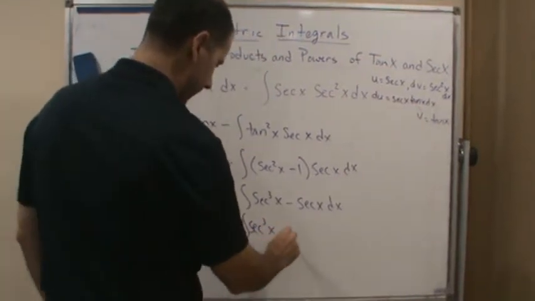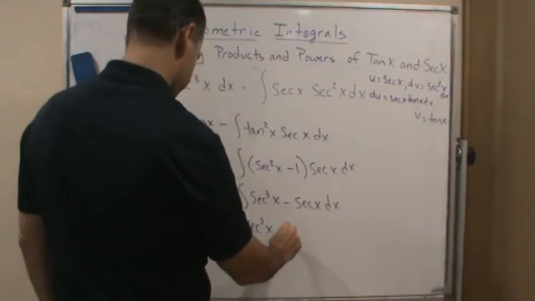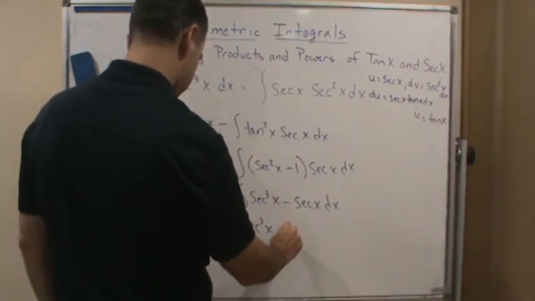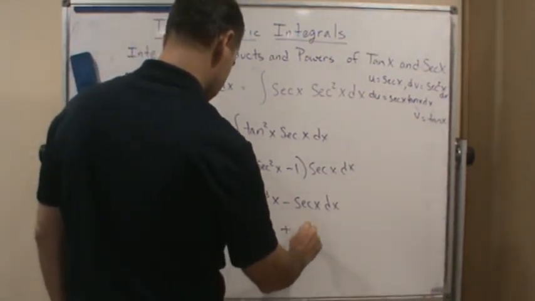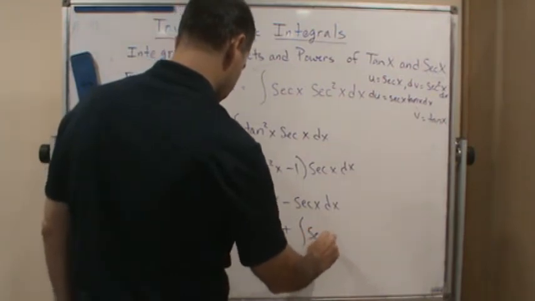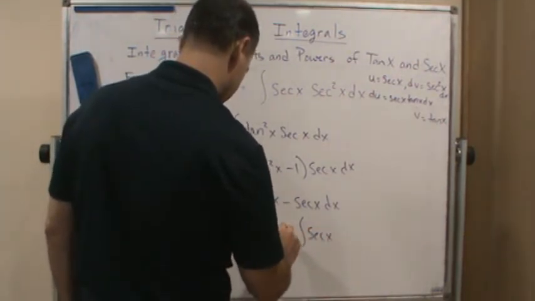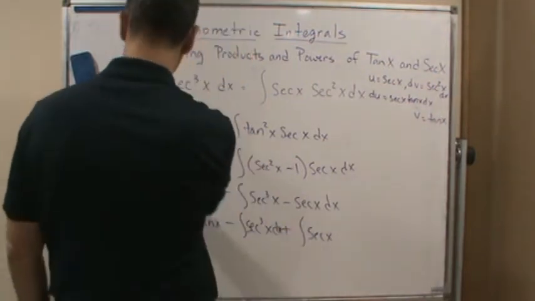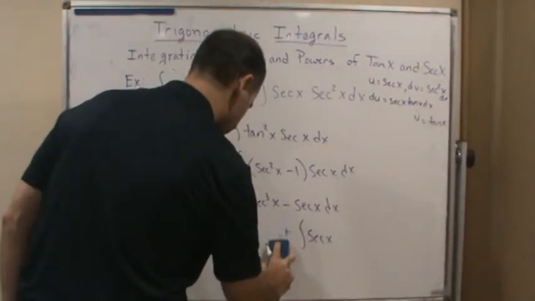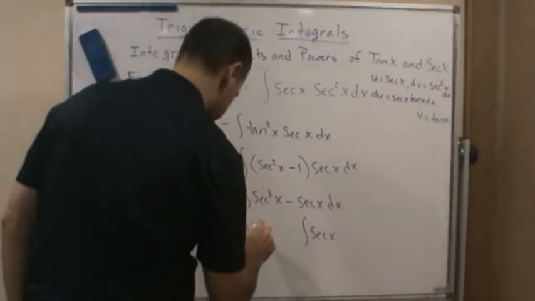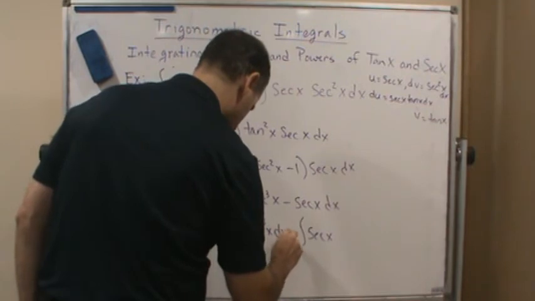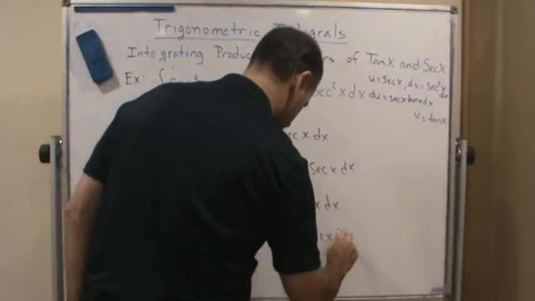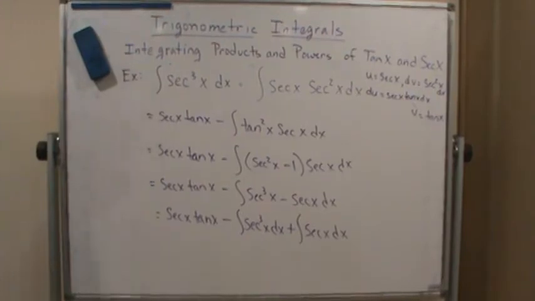So secant cubed x plus the integral of secant, well, this is dx. Let me write this a little better. Okay, so now that's what I have, right?